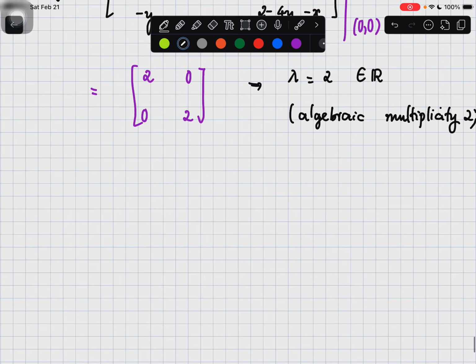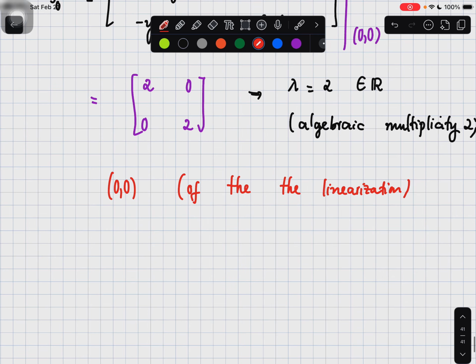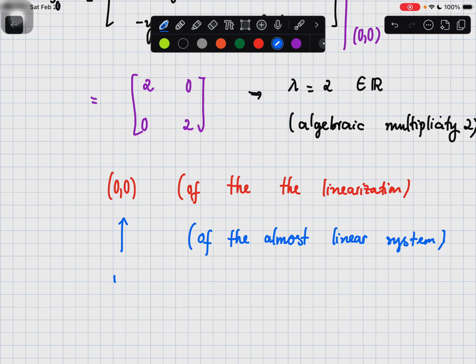In this case, the only thing we know is that 0, 0 of the linearization, and 0, 0 can also be discussed for the non-linear system, the almost linear system, is unstable. The reason is that lambda is positive, so it is unstable.